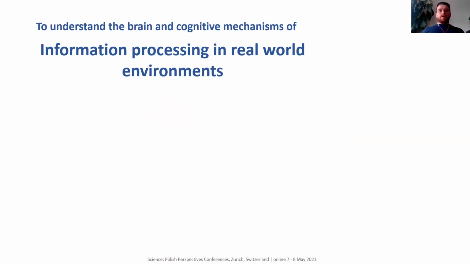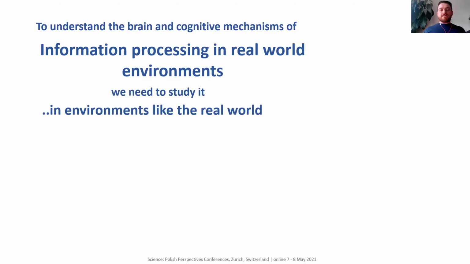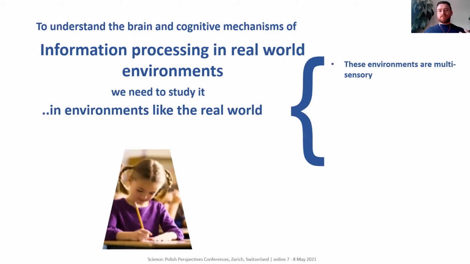Right, so in my opinion, in order to understand information processing in the real world, we need to study the brain and cognitive mechanisms. And the way we should study it is in environments that behave like the real world. So these environments are multisensory. What does that mean? Their information typically stimulates multiple senses. Here, for example, Mary sees and hears what she's supposed to be learning, and she's writing the information.